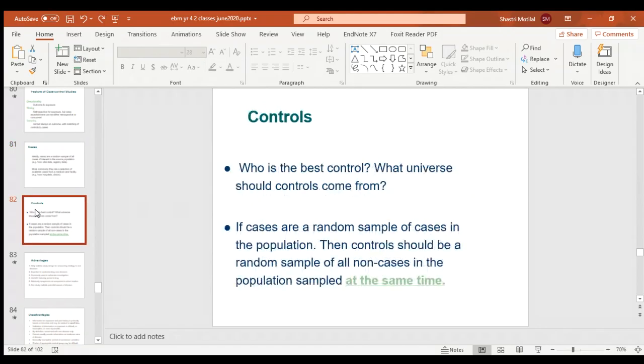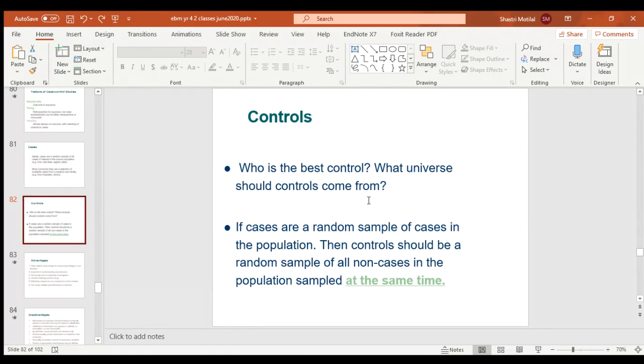And then where will you get the controls from? The controls should also come from the same place the cases came from. So if the cases came from the hospital, the controls should also come from the hospital. But the controls should be people who do not have the disease of interest. So you could pick a control from the same hospital that a lung cancer case came from, but you should make sure that that person is lung cancer free.